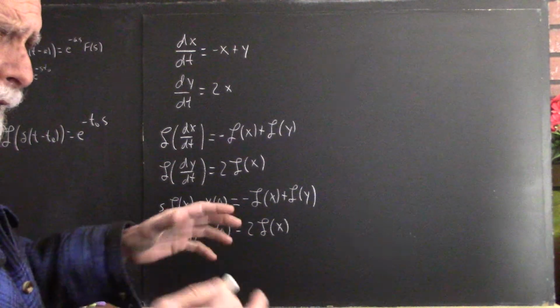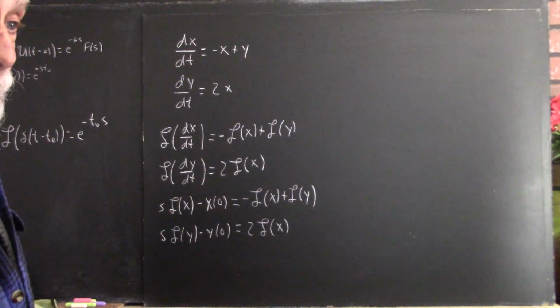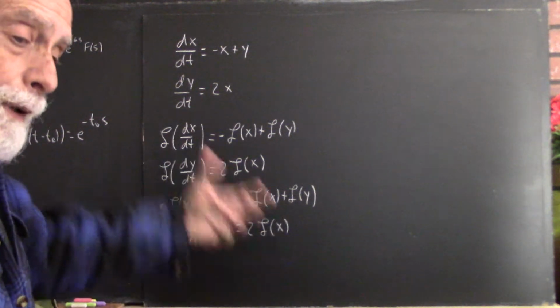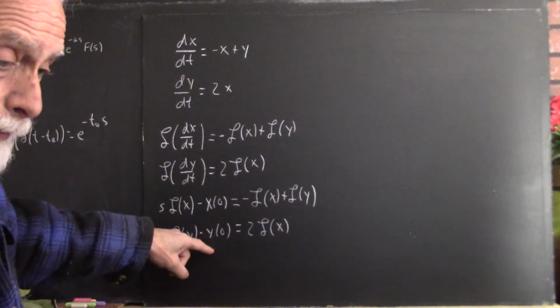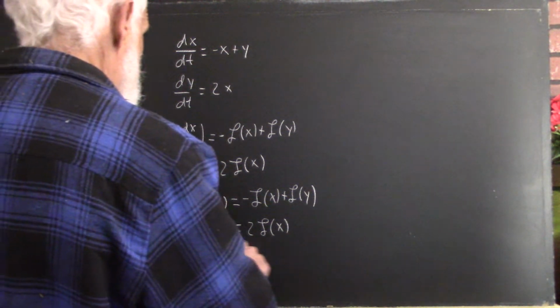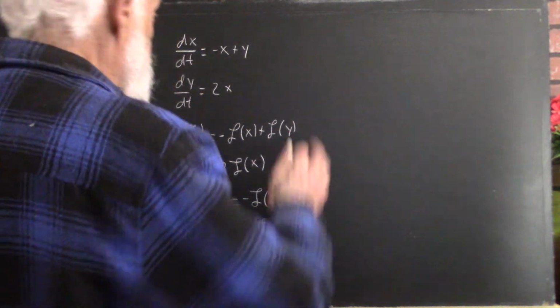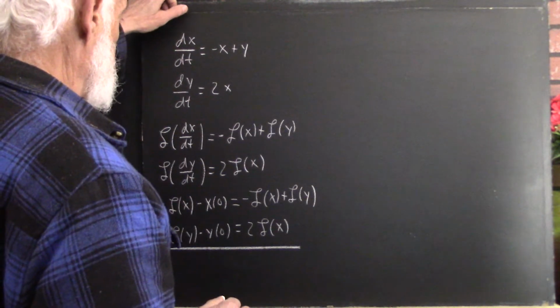Okay, so the system itself has a transfer function that depends on the Laplace transforms, and then specific behaviors that depend on your initial conditions. Okay, I'm running out of room. I don't think I'm going to need all that much room, so I'm going to risk it and move over here.